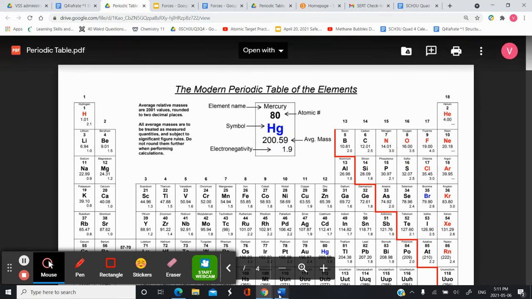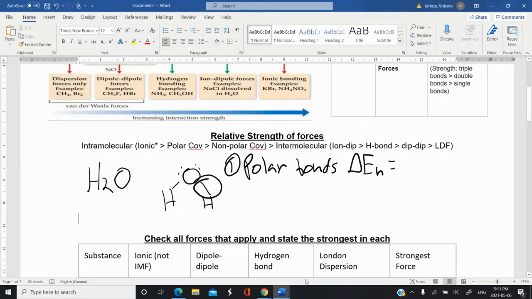So 3.5 minus 2.1 gives us 1.4. That bond is polar. There are actually two polar bonds.